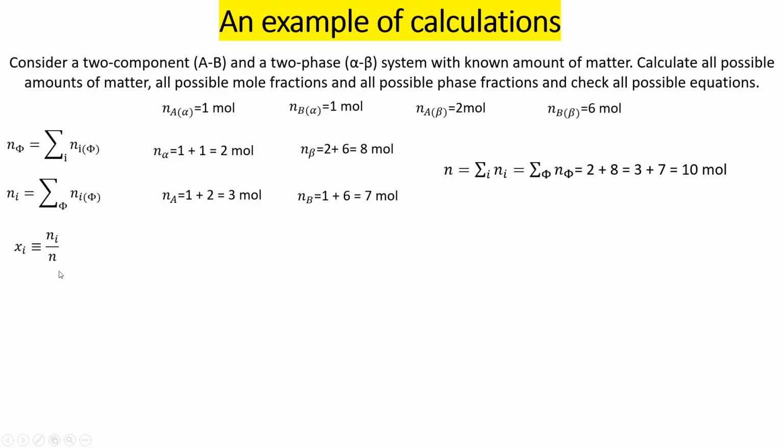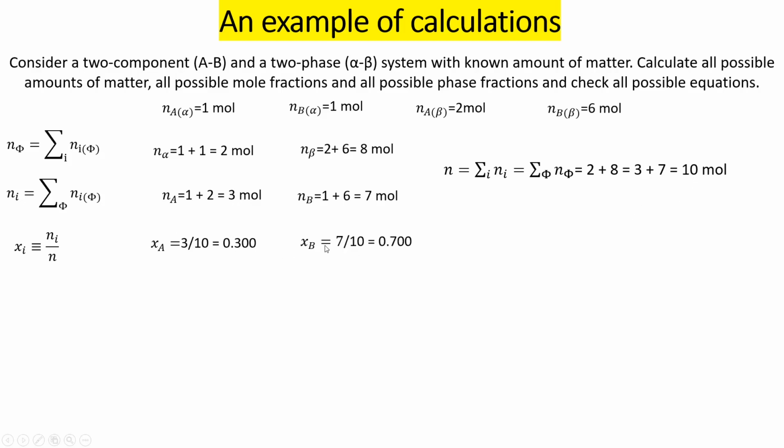Now let me calculate the average mole fractions of the 2 components in the system. First, I calculate for component A. For that I take the full amount of A, which is 3 moles, divided by the total amount, which is 10 moles, and then I get 0.3.